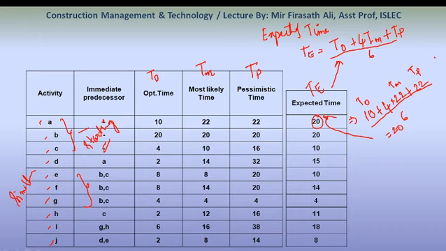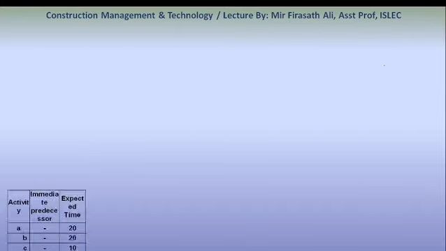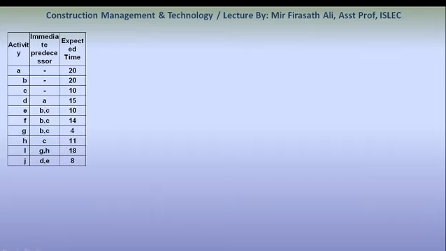Now, let us draw the logical diagram of these activities and find out the standard deviation and variance. What is the formula to find the standard deviation? The standard deviation is Tp minus T naught, whole divided by 6. The square of the standard deviation is the variance.